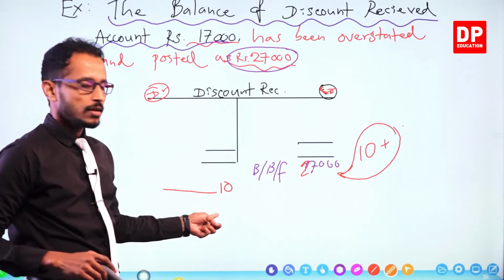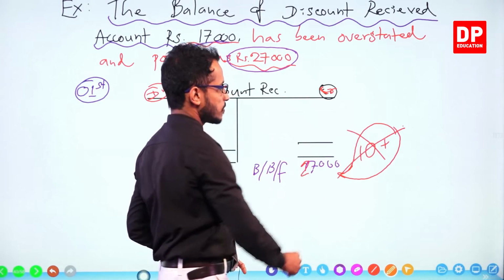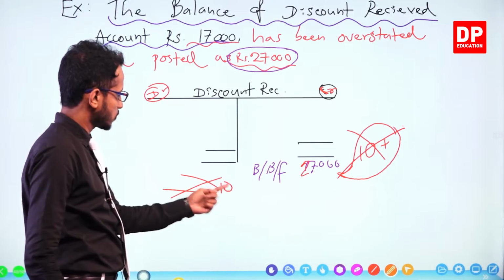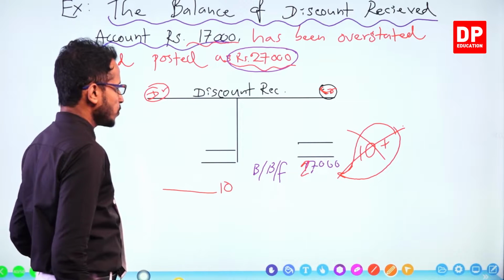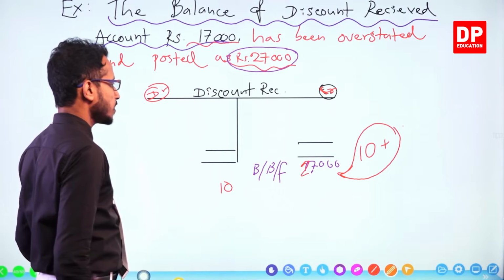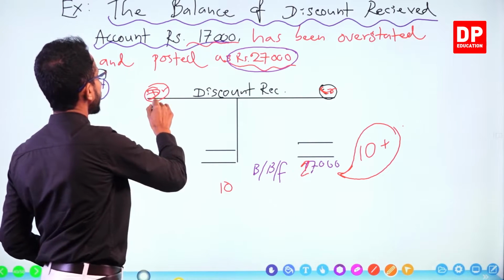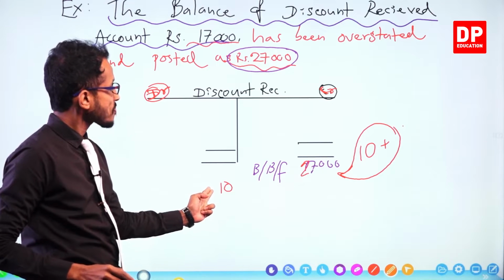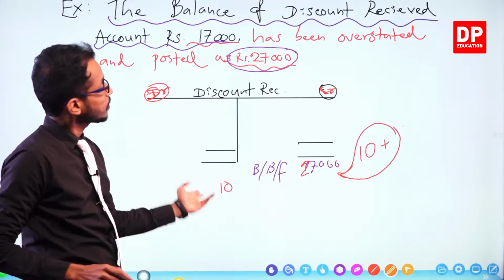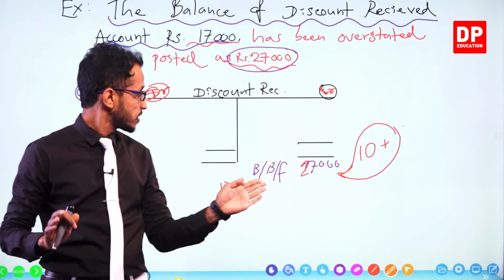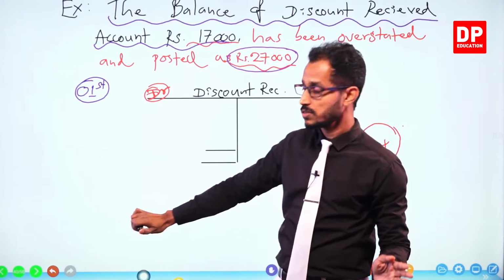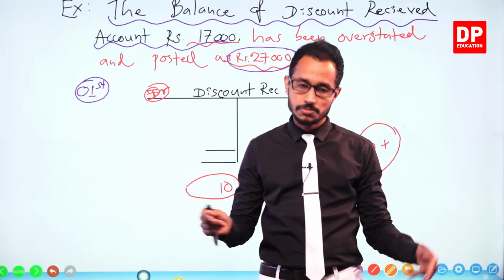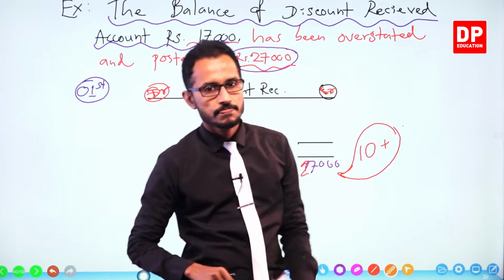And the 10,000 which is excess will be cut off by this entry. So the first entry is debit discount received account, credit to suspense account. That's right. That's how we do.